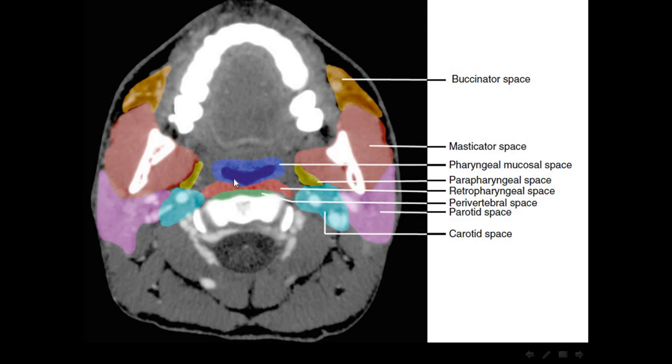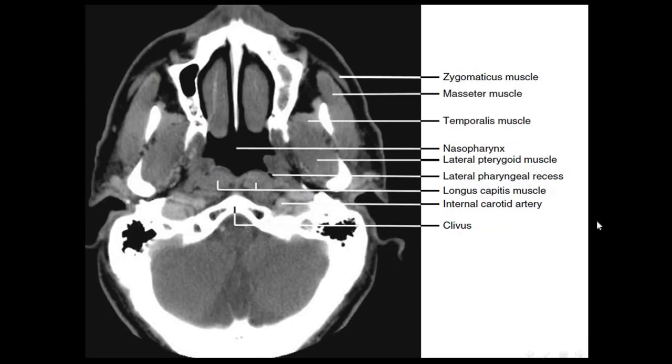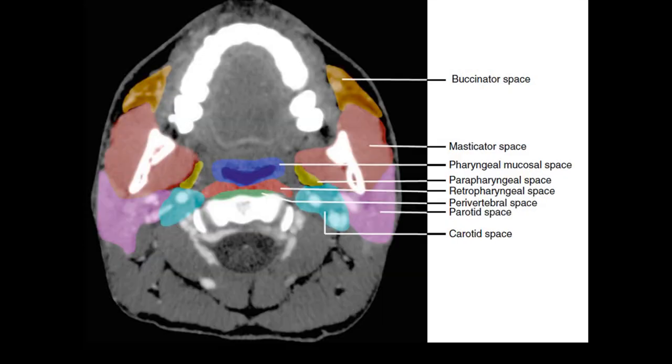Pharyngeal mucosal space, retropharyngeal space, perivertebral space anterior to the vertebra. When describing images, you talk about these spaces and those particular locations.